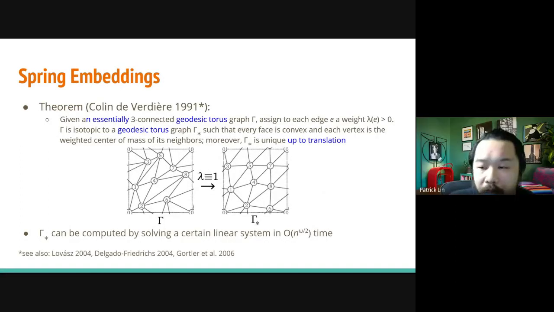Yes. So there's this sort of well-known result in the plane where if you're solving a linear system whose support is the vertices of the plane, then you can use planar separators along with this technique called generalized nested dissection to solve the linear system in O of n to the omega over 2 time.